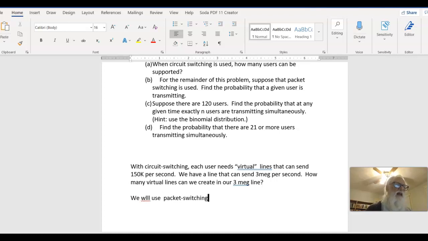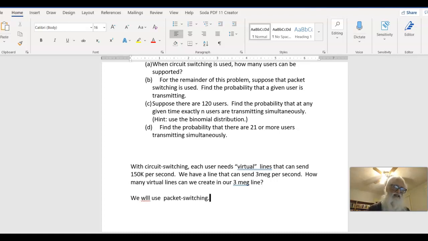Now, before I do that, I just want to mention something about the first choice in A. Some of those lines aren't going to be used very much. Each one of them is going to be out of use and idle 90% of the time.